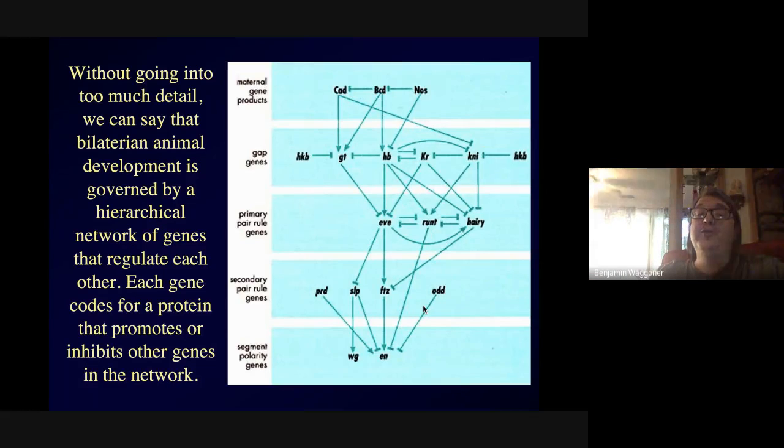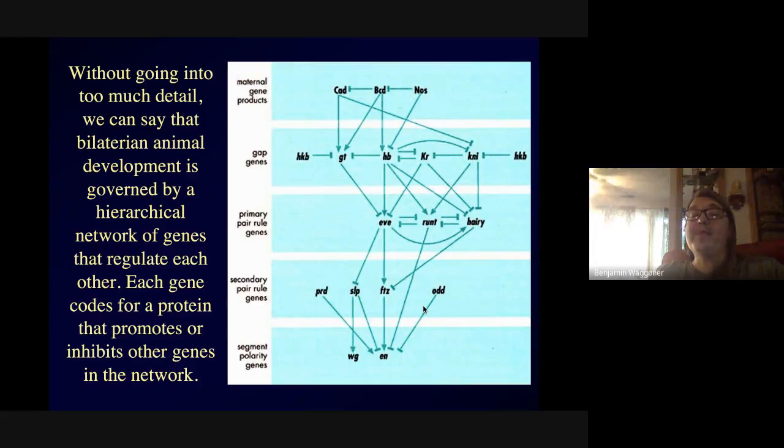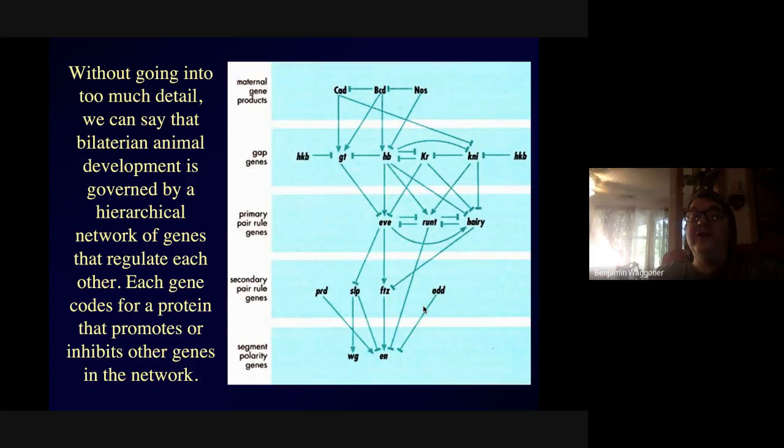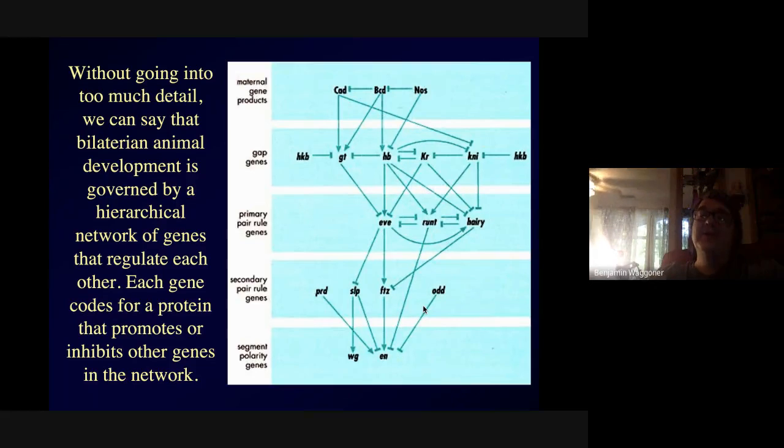And they also promote and repress genes on a lower level of the hierarchy called primary pair rule genes, like even-skipped, runt, and hairy. And those promote or repress each other, and they promote or repress sets of genes called secondary pair rule genes. And those promote and repress segment polarity genes. So the idea is you have sets of genes, each one of which acts among itself and acts on genes at a lower level. So that's what that hierarchy is.